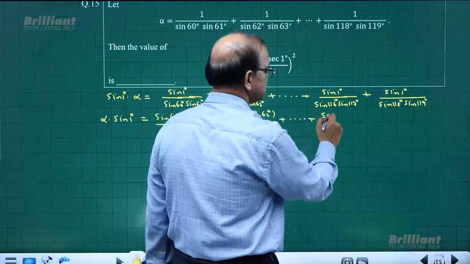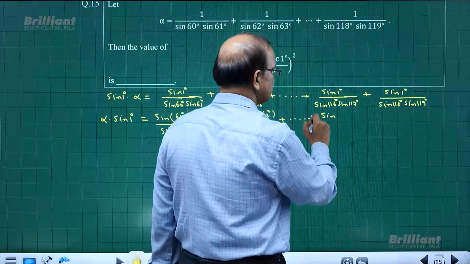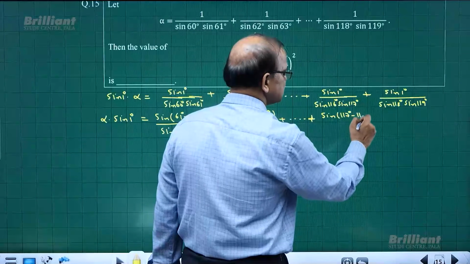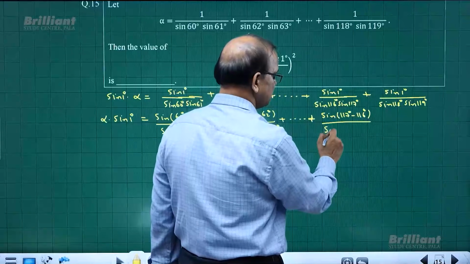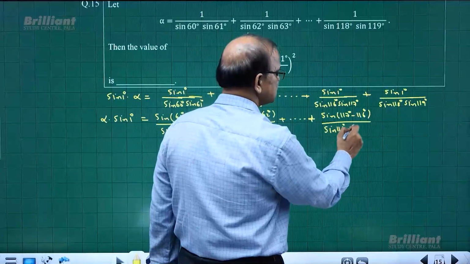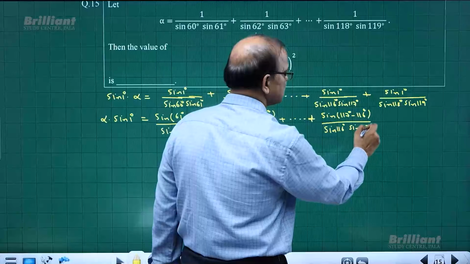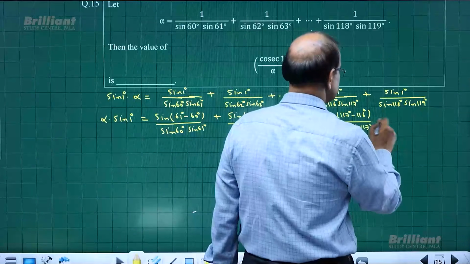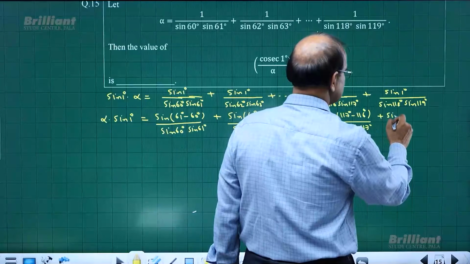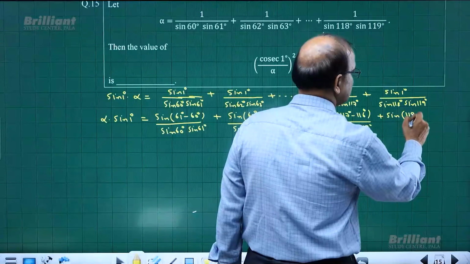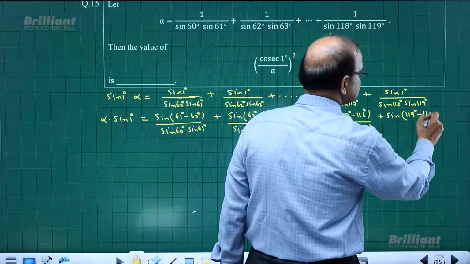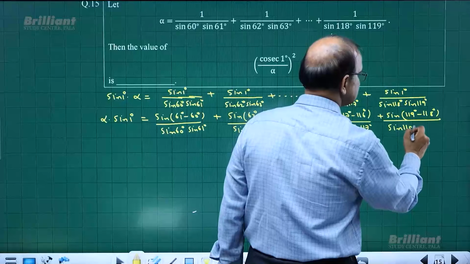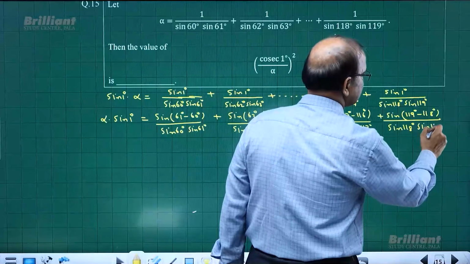This is sin(117 minus 116) by sin 116 into sin 117, right. Now plus sin(119 minus 118) by sin 118 sin 119.